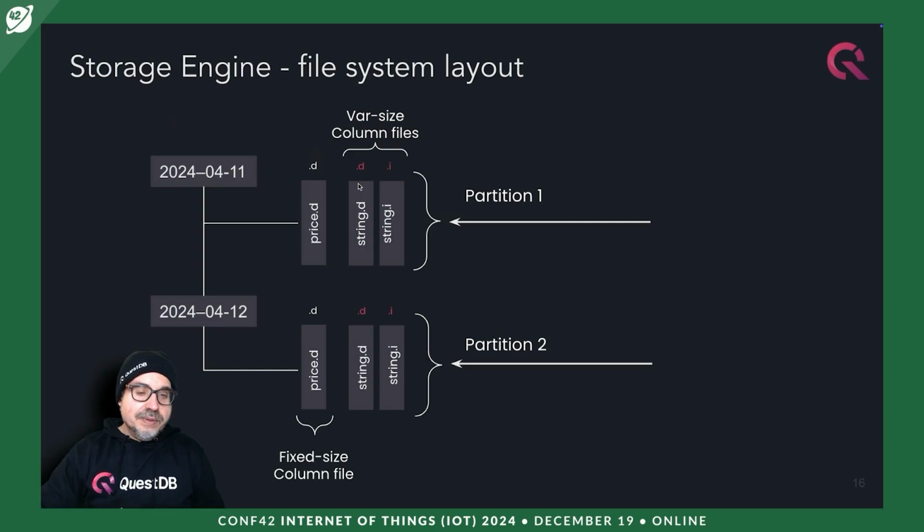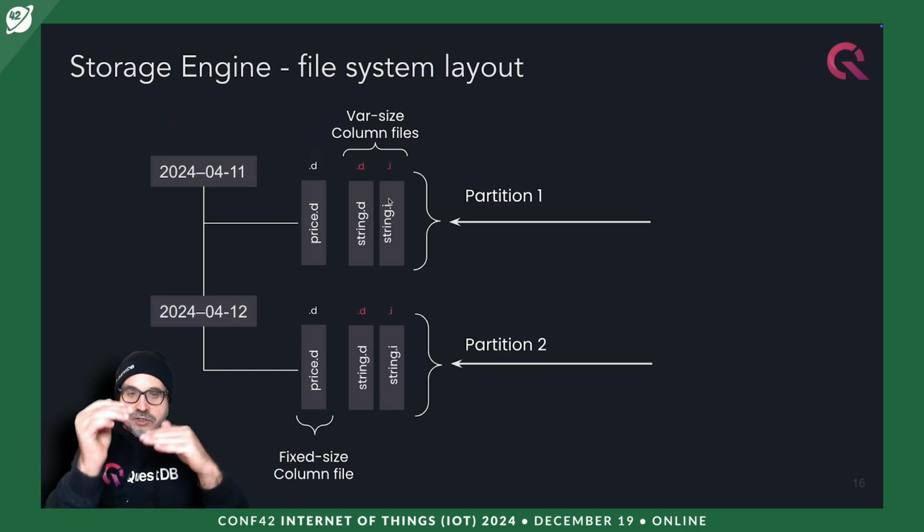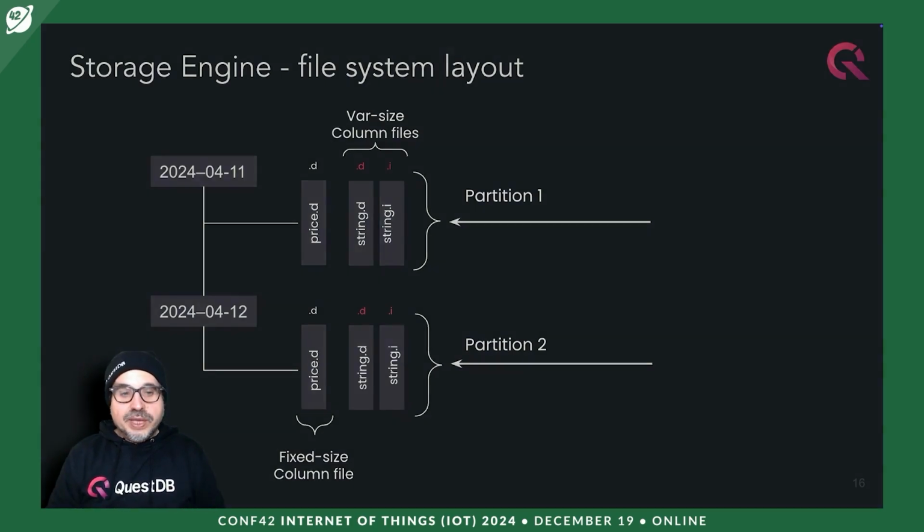If the data type is variable size, like a string or a varchar, we use two different files, one for the data and one for the offsets to know where each row is starting. But basically, we use our own format to store the data in a very efficient way.